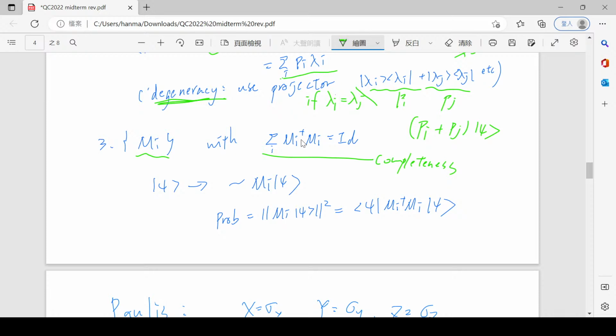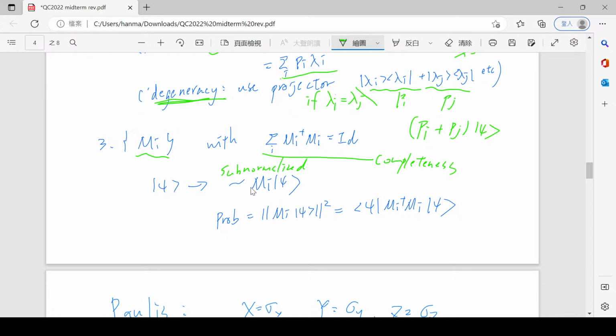Okay, so the book has a pretty crazy formula, but here we use this subnormalized state trick to make things a little easier to memorize. Basically, you get the ith outcome, and you think about your state getting to be Mi times psi. This will tell you two things.